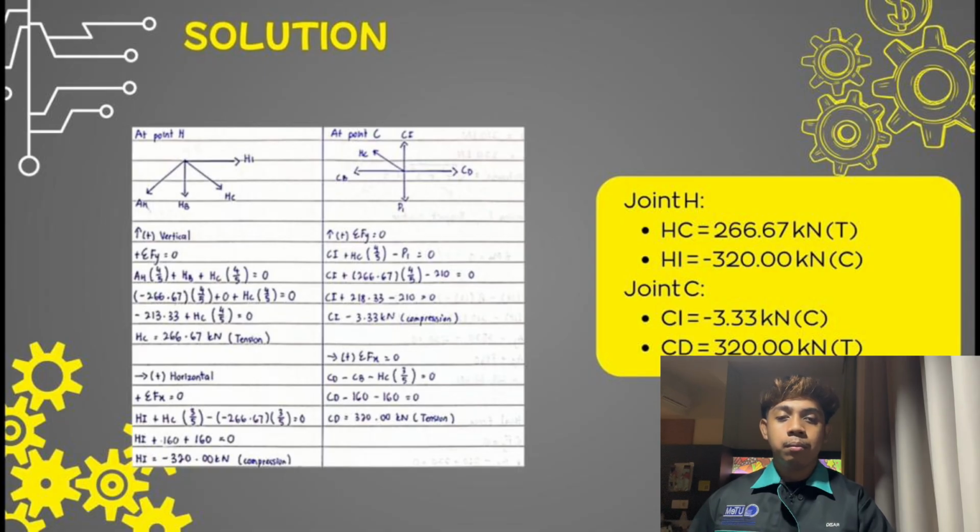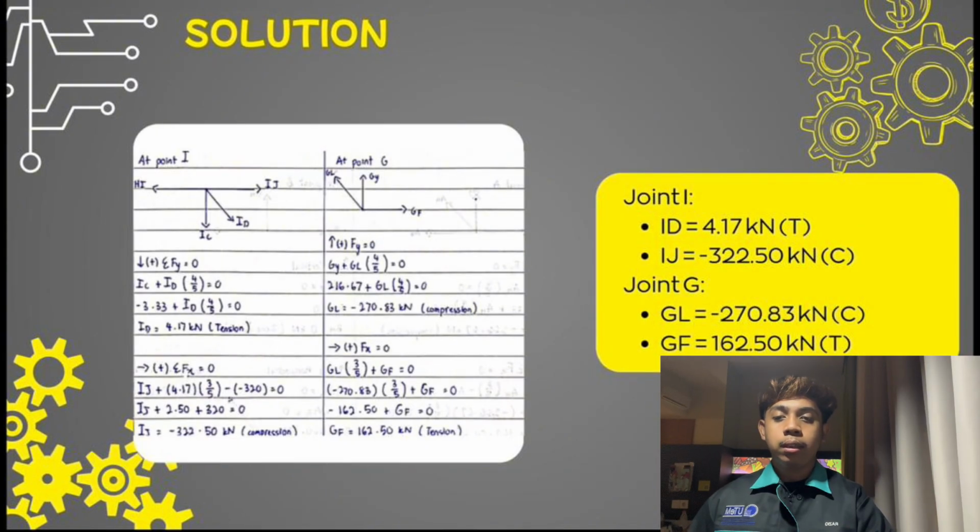At joint C, member CI carries a small compressive force of 3.33 kilonewtons, whereas member CD carries 320 kilonewtons in tension. These results show that member CD is one of the highly loaded members in the truss.